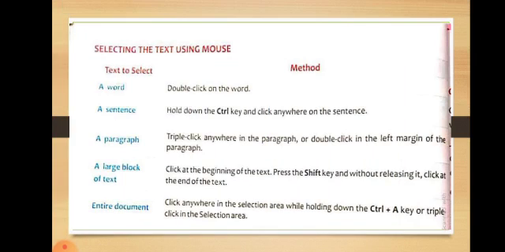Let us now discuss how to select the text using a mouse. For selecting a word, you can double click on it. For selecting a sentence, you can hold the Control key and click anywhere on the sentence.